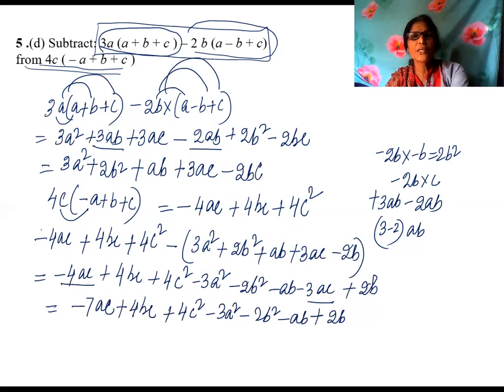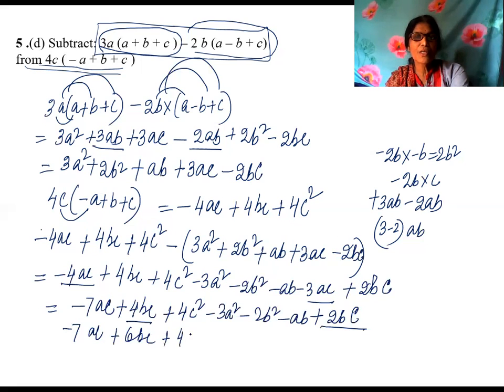So there is a mistake. So carry on, this will be 2bc. Then I'll take another step. 4bc plus 2bc will be 6bc, plus 4c square minus 3a square minus 2b square minus ab.